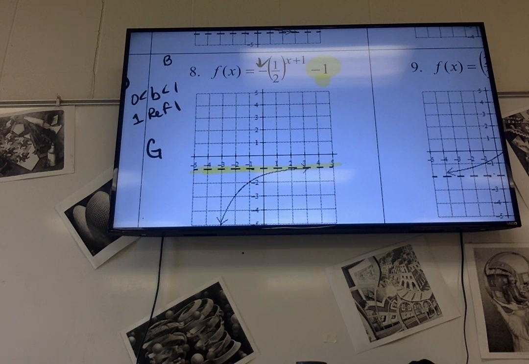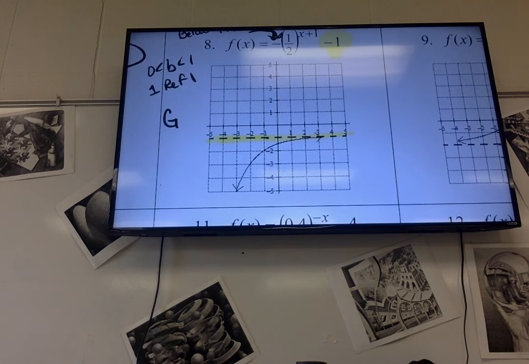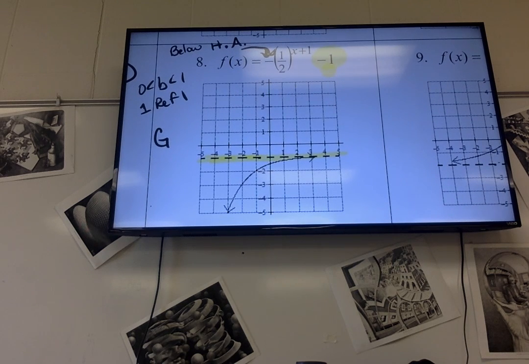So I'll put that here, below horizontal asymptote. And then I know it's supposed to be growth, so that's how I know it would have to start down low and then go closer and closer to the asymptote.